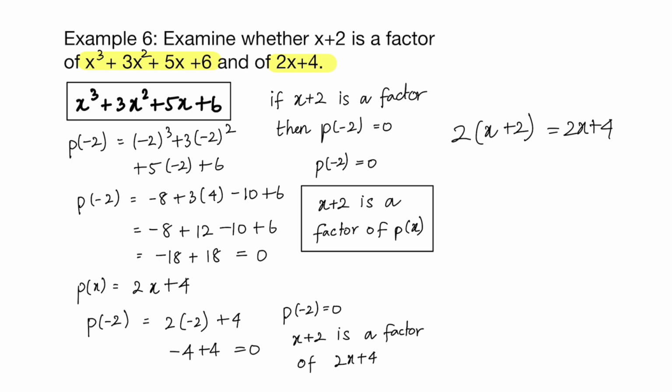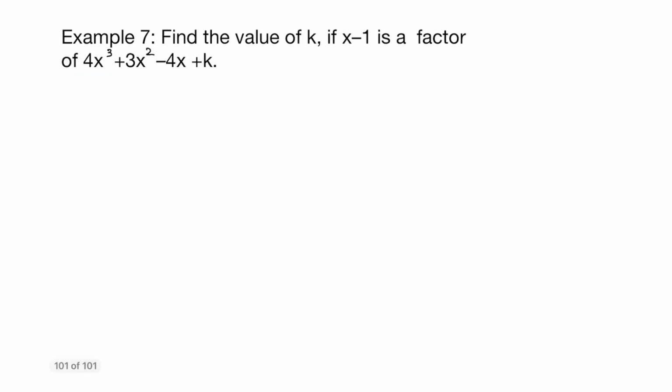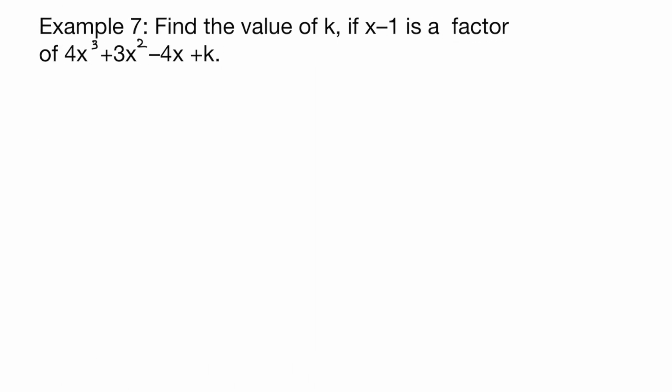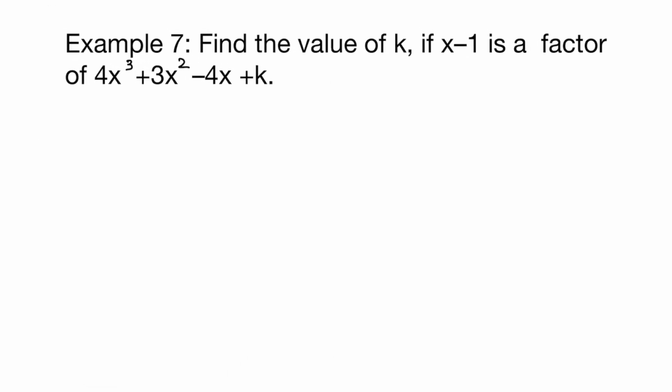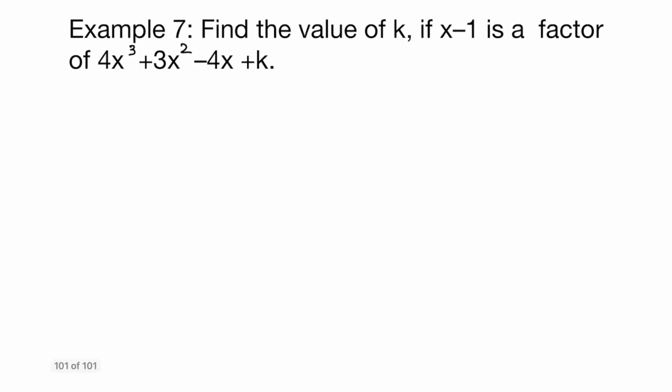Okay, so that is it for this example. Moving on to the next example that also uses the factor theorem. Okay, example 7, let me just read the question first. Find the value of k if x minus 1 is a factor of 4x cube plus 3x squared minus 4x plus k.